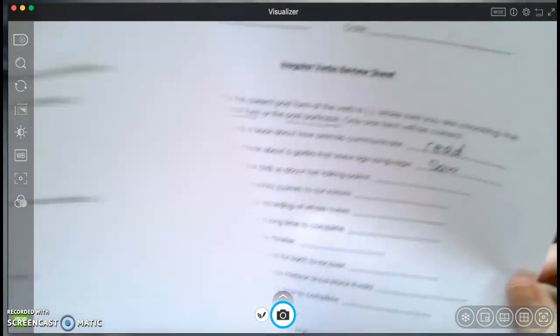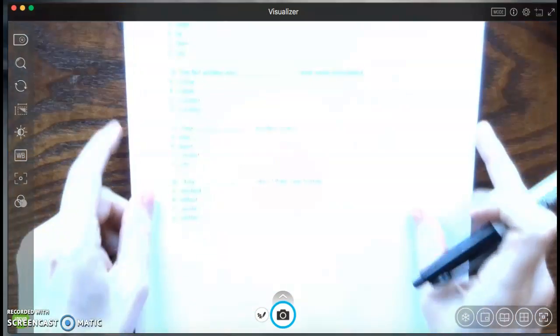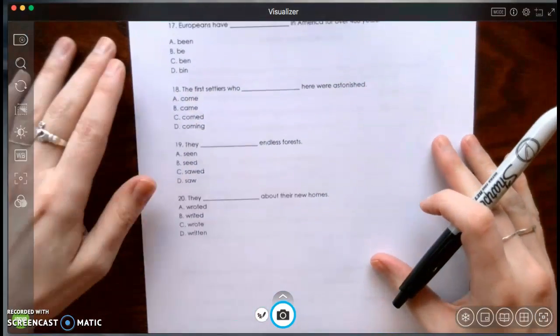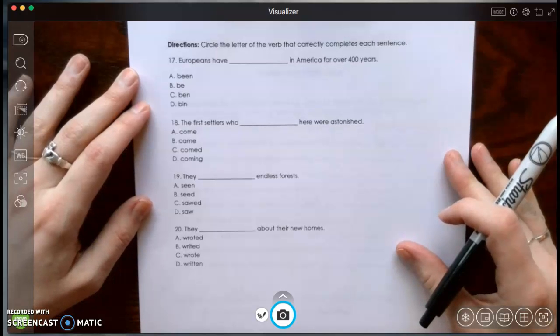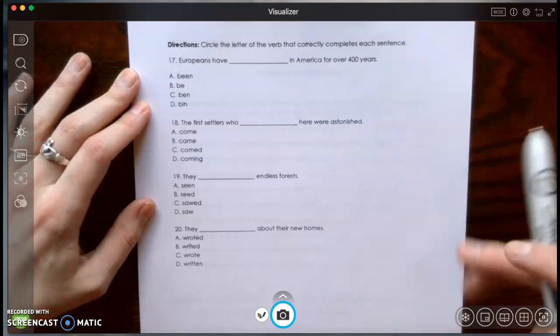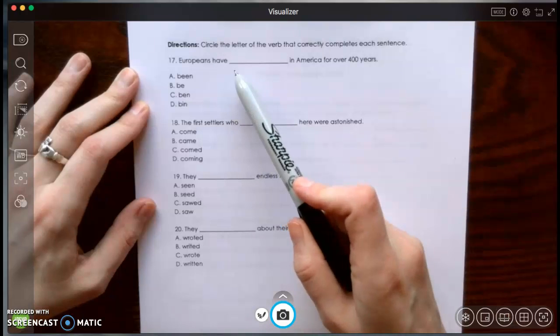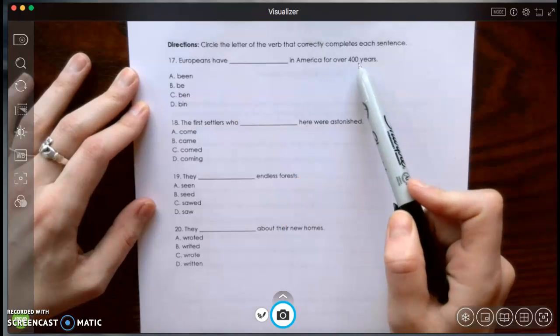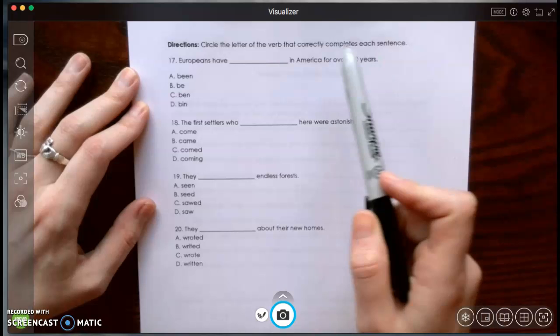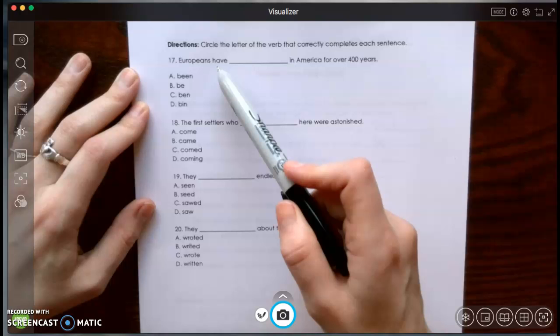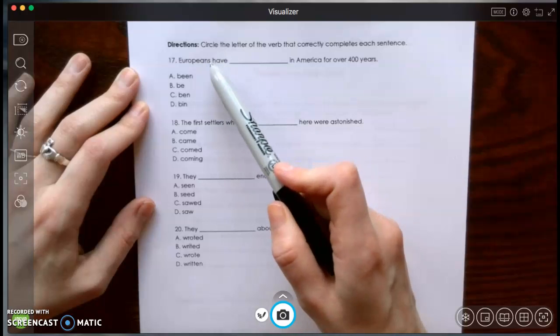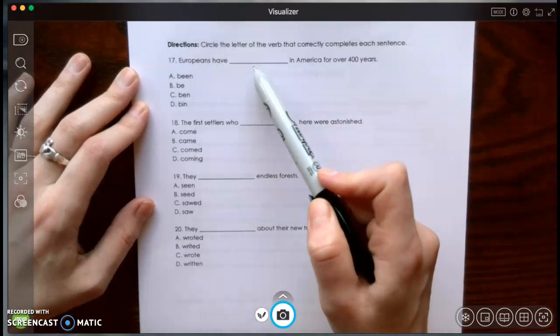If you look at the second page, this last set of directions says to circle the letter of the verb that correctly completes each sentence. Number 17 says, Europeans have blank in America for over 400 years. So which of the following is the correct past tense? Well, you have to be careful here because I see that word have in front of where the verb should go.